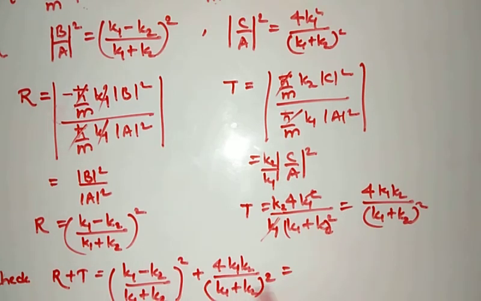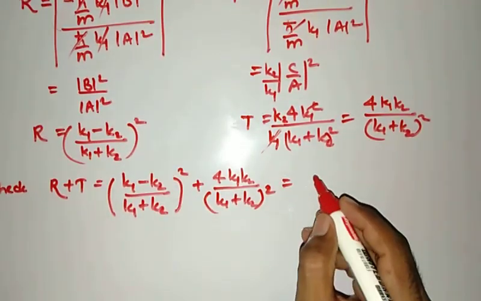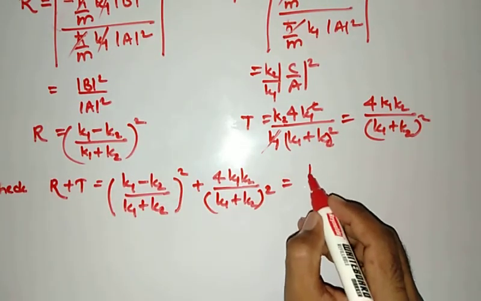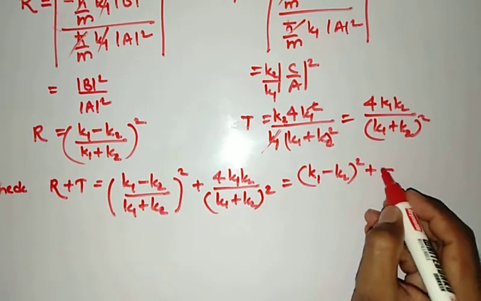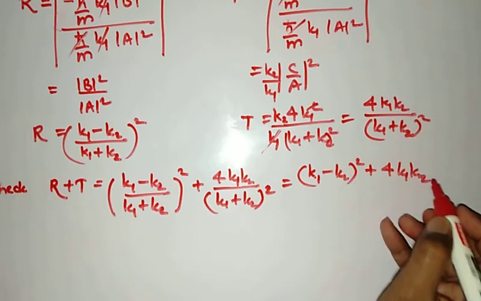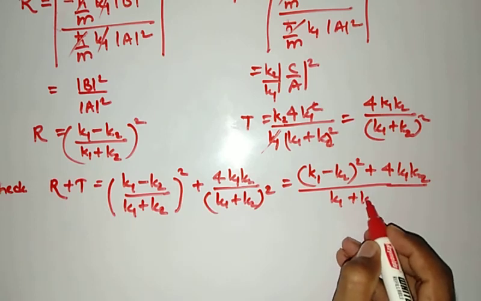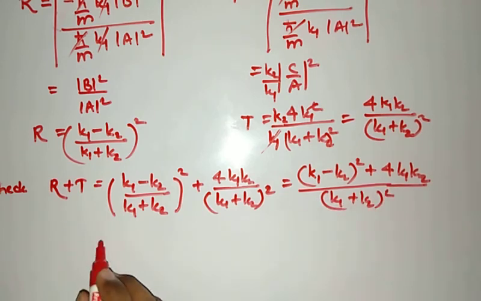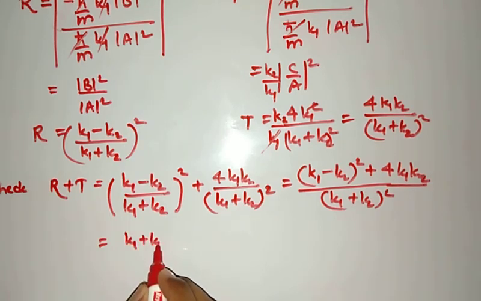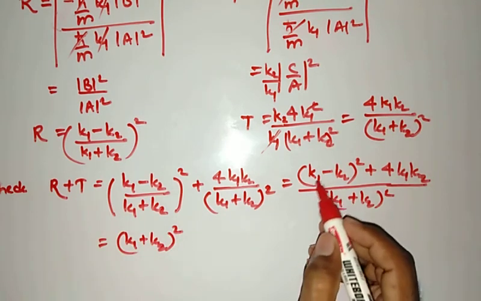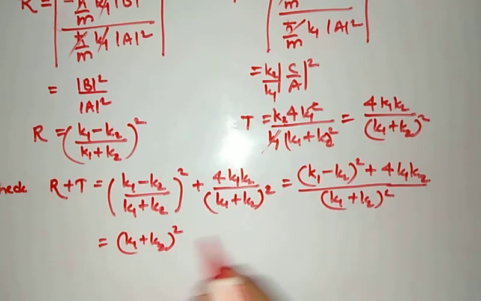Now you may add these. Exactly, in the numerator we will find k1 square plus k2 square, and after this plus 2 k1 k2.